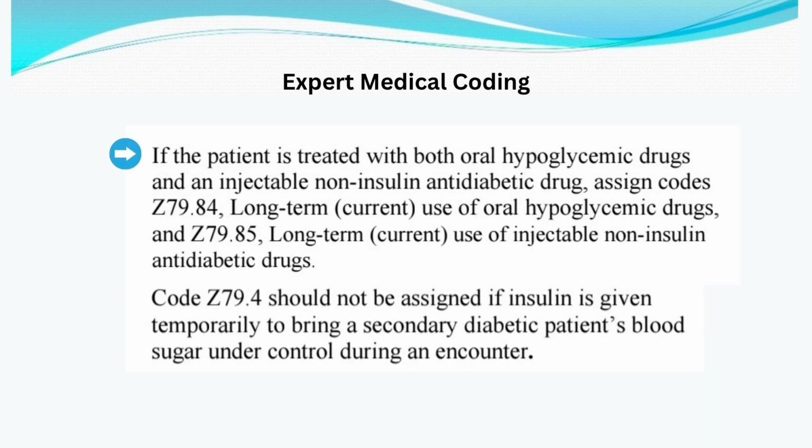If the patient is treated with both oral hypoglycemic drugs and an injectable non-insulin antidiabetic drug, assign codes Z79.84 long-term current use of oral hypoglycemic drugs and Z79.85 long-term current use of injectable non-insulin antidiabetic drugs. Code Z79.4 should not be assigned if insulin is given temporarily to bring a secondary diabetic patient's blood sugar under control during an encounter. Now that we have read the guideline, let's understand it in more detail.